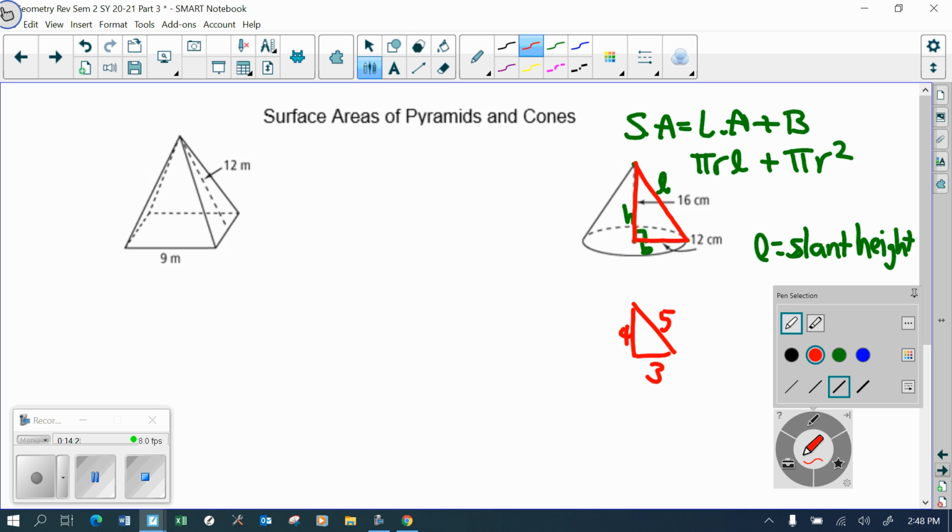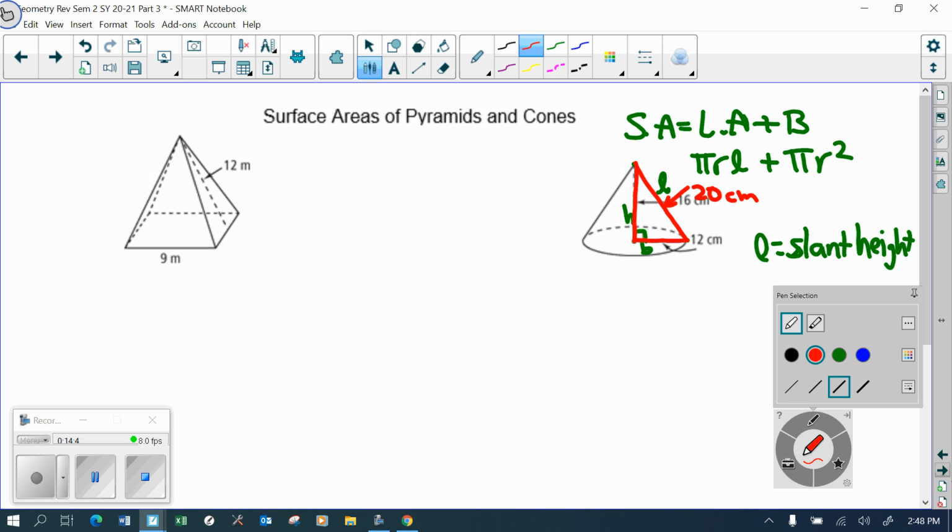And so how do I get from 3 back up to 12? I multiply by 4. So this one's only multiply by 4. So the slant height is 20 centimeters. Much simpler than doing the Pythagorean theorem. Okay, use your brain.